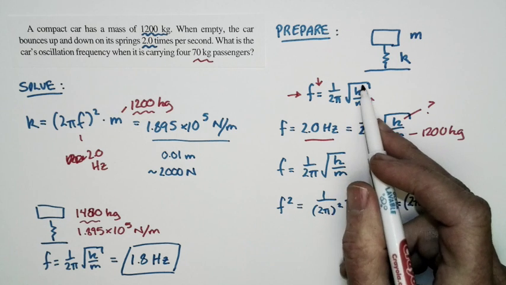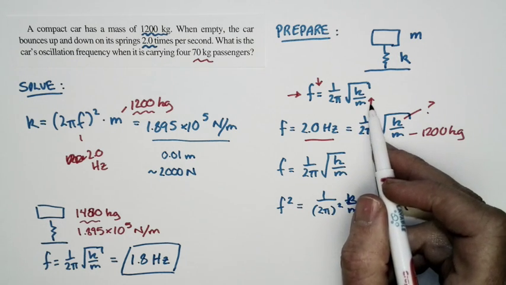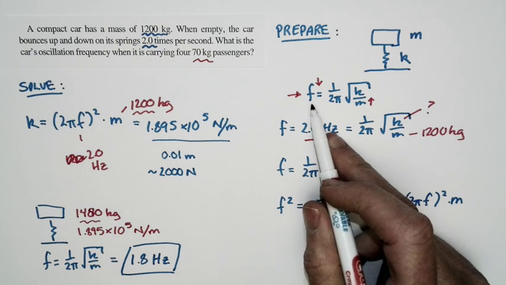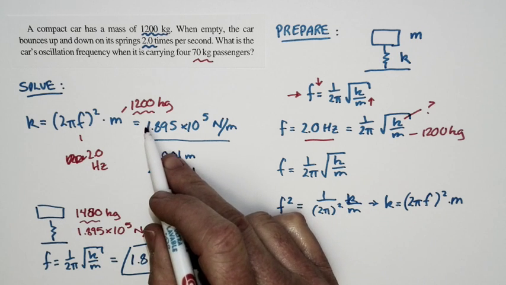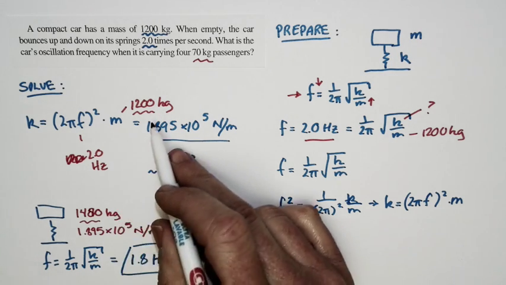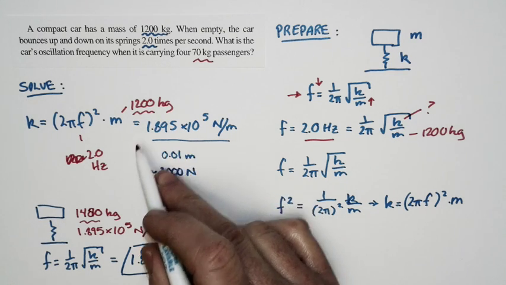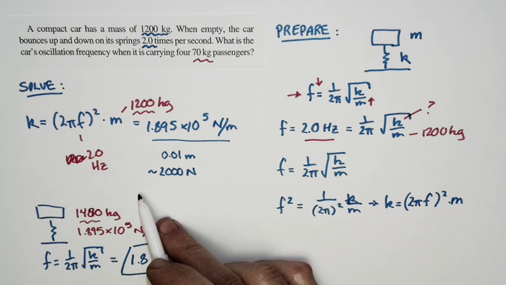Except this number is in a square root. So a small change in mass is going to make an even smaller change in the frequency. The mass has gone up from 1,200 to 1,480, so it's gone up by about 20% or so. And so I expect to have a fairly small change in the frequency.